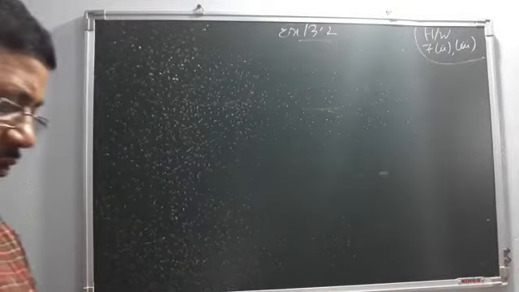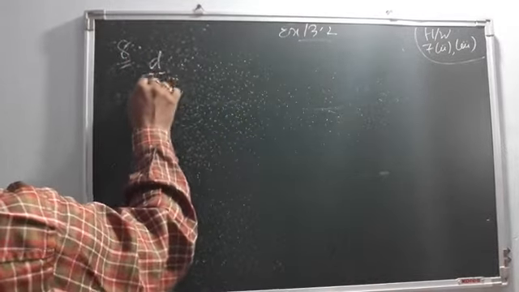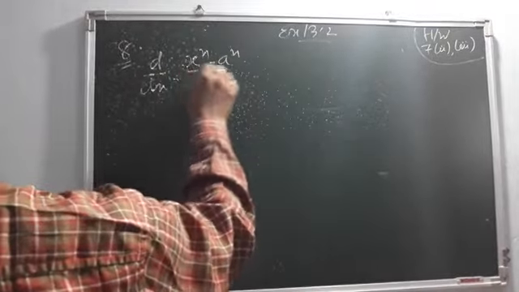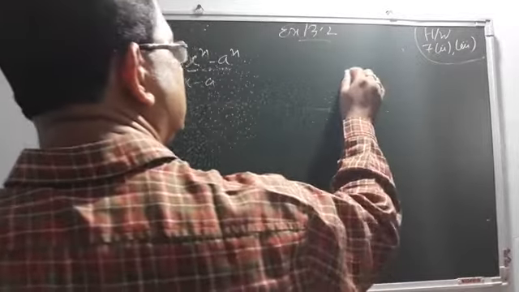Okay, then next question number 8. Find the differentiation of (x^n minus a^n) by (x minus a). So 7.2, I want to give a little hint.